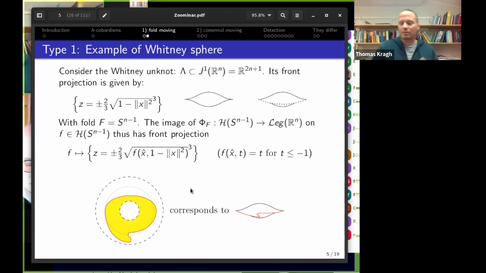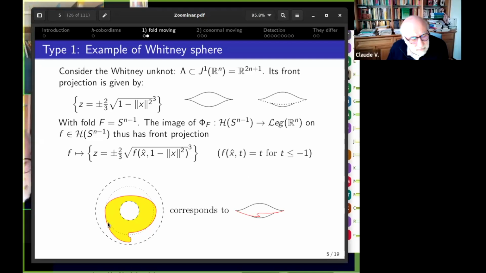So for each h-cobordism, we get a Whitney sphere of some sort, or something isotopic to it. What's maybe surprising, at least when we looked at this the first time we were surprised, is that these are actually non-trivial in the space of Legendrians in some ways. But maybe it is not so surprising, because the biggest surprise when you hear this the first time is that the space of such spheres is not trivial.